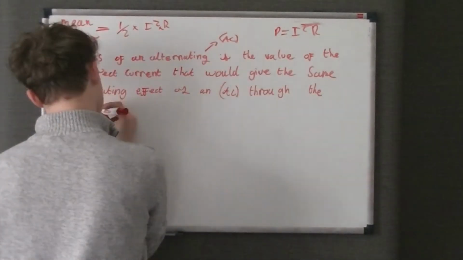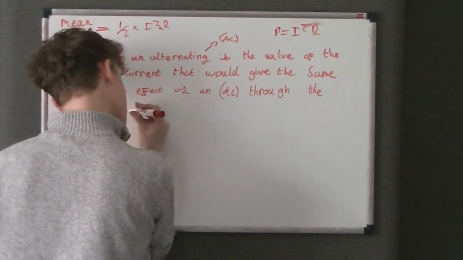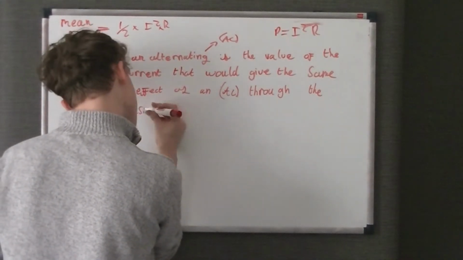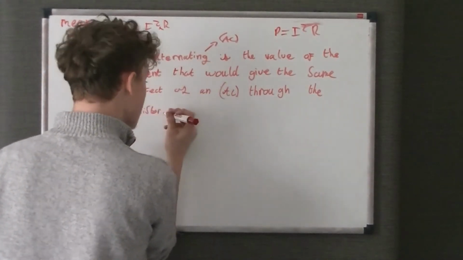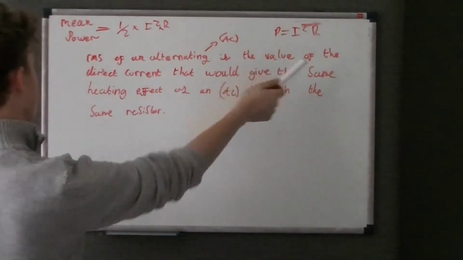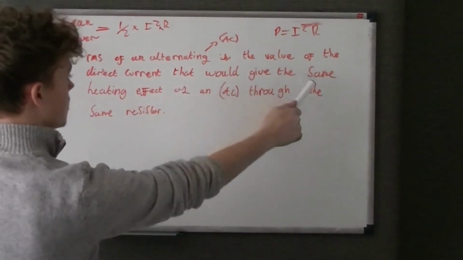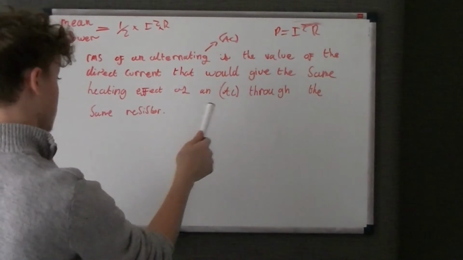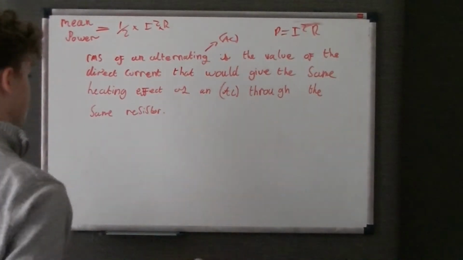Let me just finish writing that. So, the root mean square value of an alternating current is the value of the direct current that would give the same heating effect as an alternating current through the same resistor.